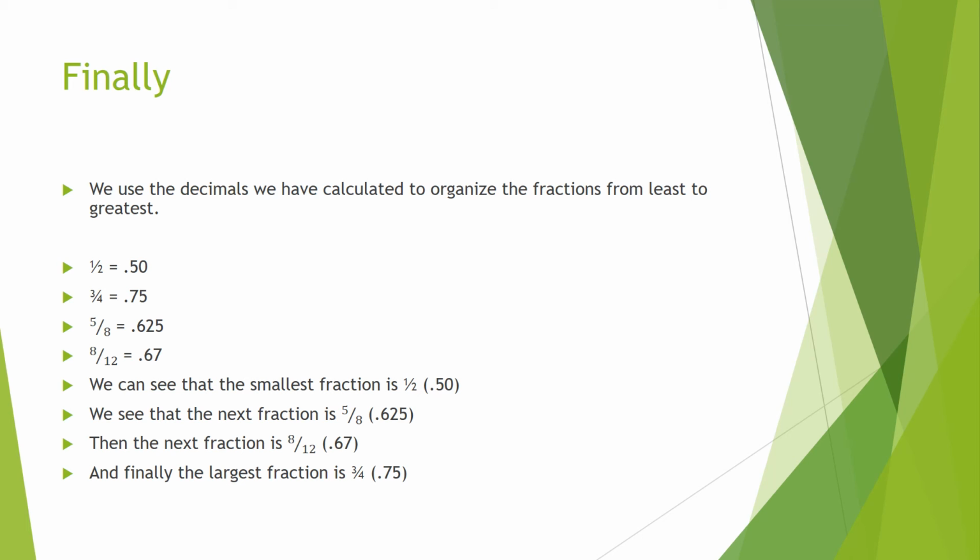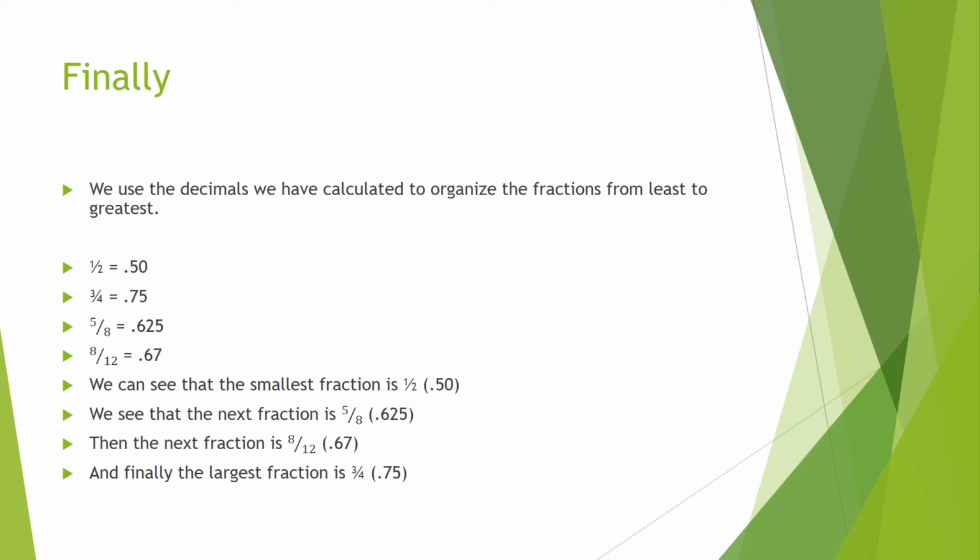We see that the next fraction in our list of fractions is going to be 5/8, which is 0.625 in decimal form. We have the next fraction in our list is 8/12 because this is 0.67 in decimal form, which is our third largest decimal number.